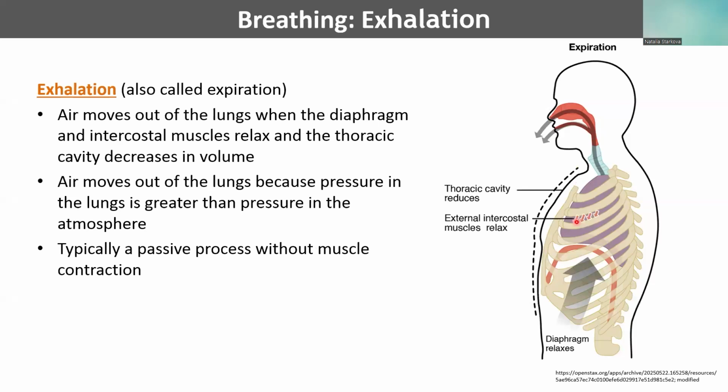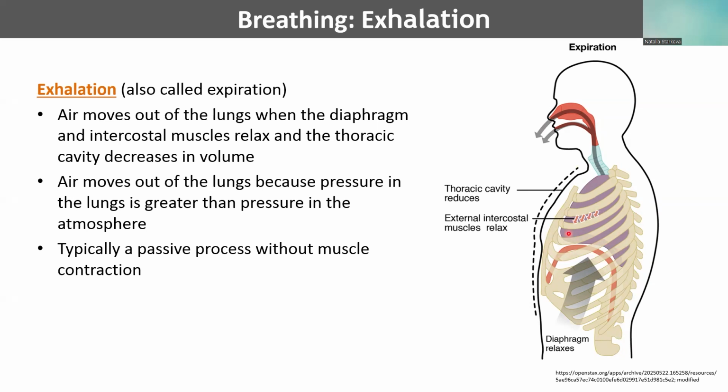In the case of exhalation, the rib muscles relax and the diaphragm relaxes too. So the chest cavity becomes smaller because the rib muscles drop it down, and the diaphragm, when it's relaxed, comes up. So it also decreases the overall volume of the chest cavity.